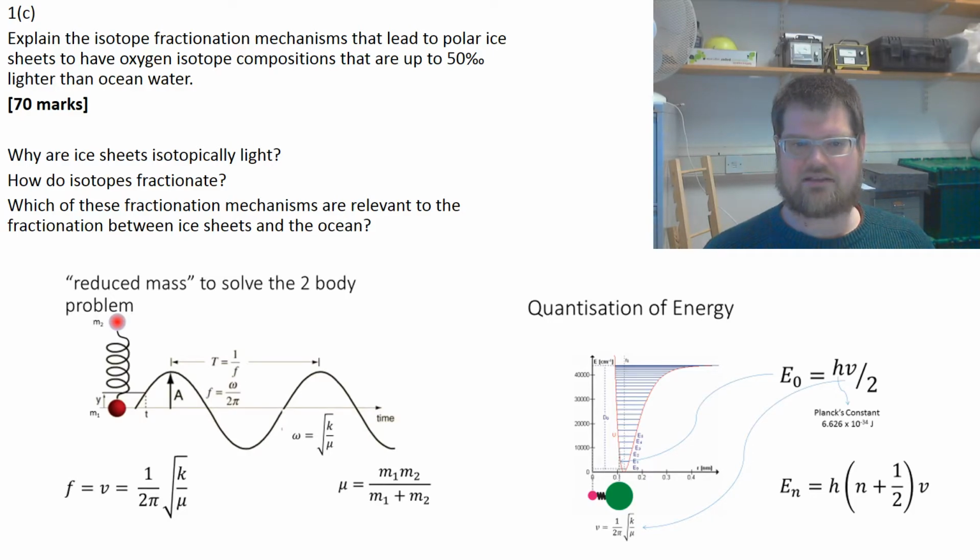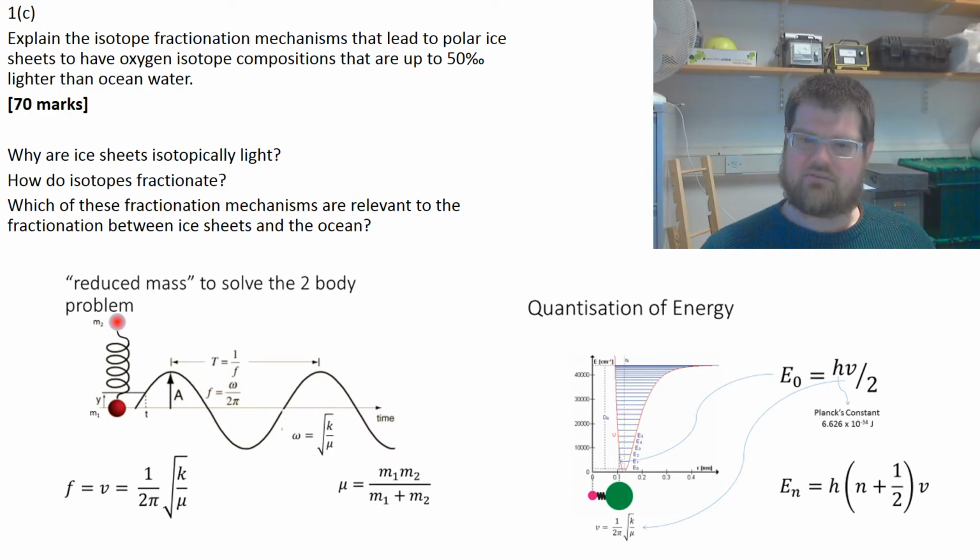As the bond vibrates, its vibrational frequency is equal to this expression, which has a term, mu, related to the masses of the two atoms. And that's important because that vibrational frequency determines the energy of the bond.